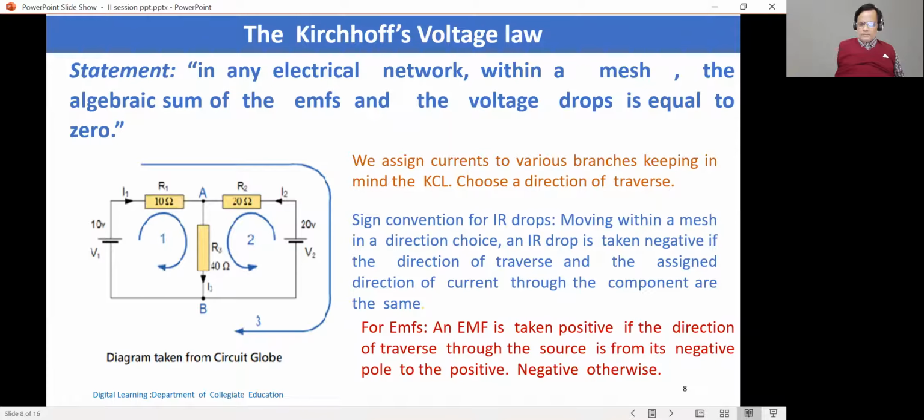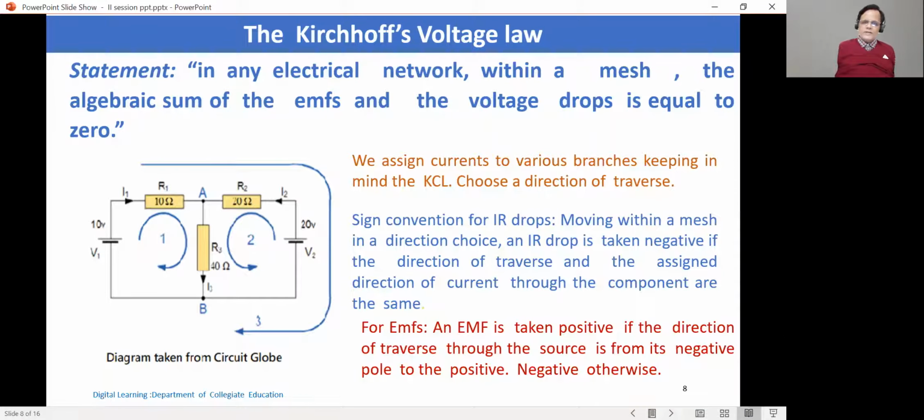If the statement says that the algebraic sum of the EMFs and voltage drops is equal to 0, it essentially means that when currents are set up in a circuit within a mesh, the energy that is supplied by the batteries is equal to the energy that is consumed by the components.